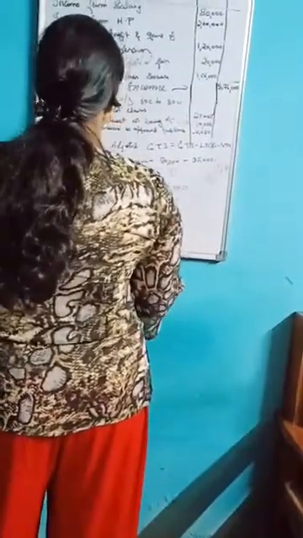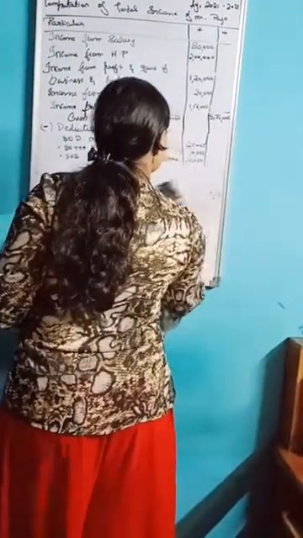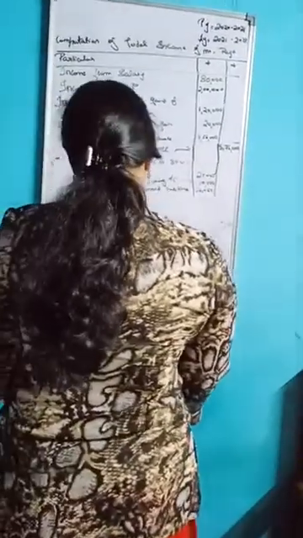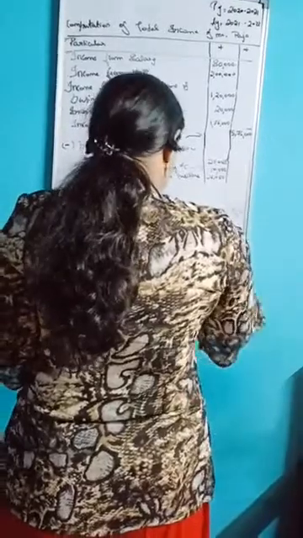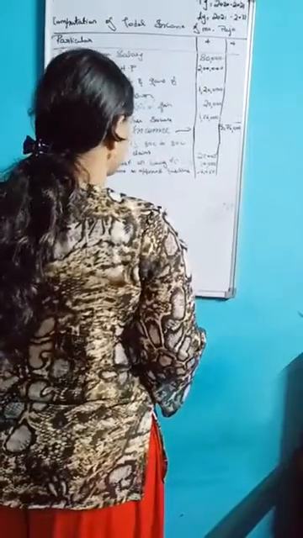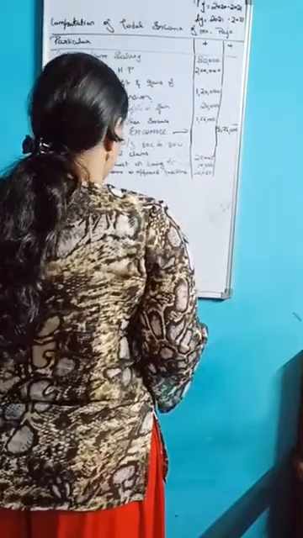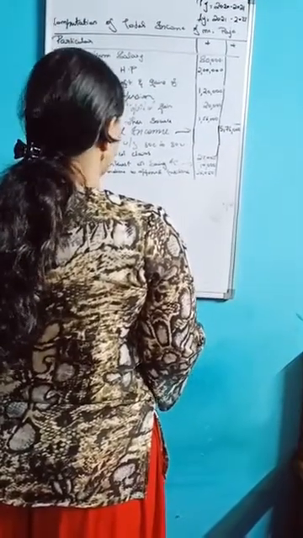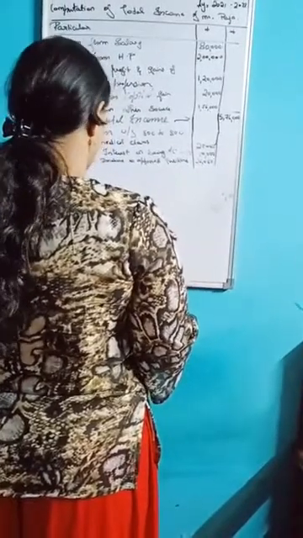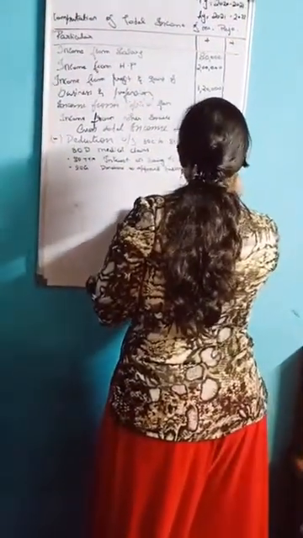After that, you should add everything. That is 25,000, 10,000 and 26,050. You will get 61,050.